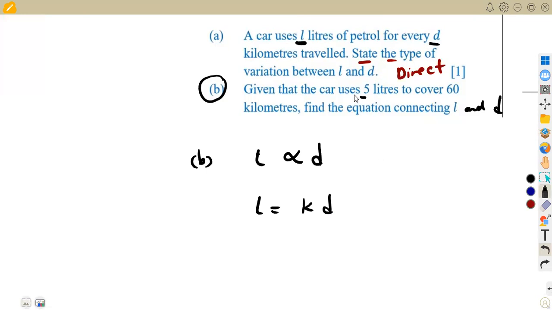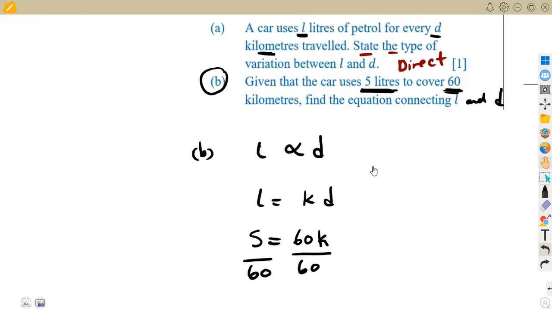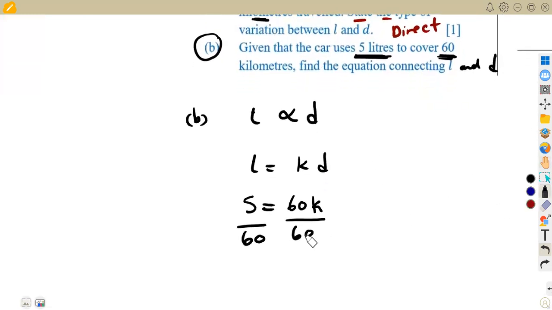So we are given now the number of liters, L, which is 5. So 5 is equal to the distance, which is 60 kilometers, times K. So we are going to find the value of K, which is the constant connecting the two variables that we have in this case.